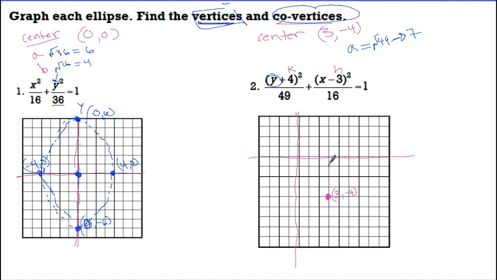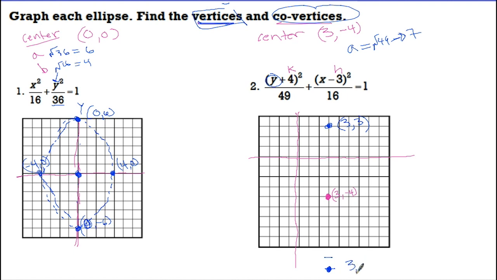So 1, 2, 3, 4, 5, 6, and 7. I'm going to write that number down right now. It's got the same X value, but 7 units from here. So negative 4 plus 7 is positive 3. I can also just count on my grid. Now I'm going to move 7 units down. 1, 2, 3, 4, 5, 6, and 7. I'm kind of running out of real estate down here.